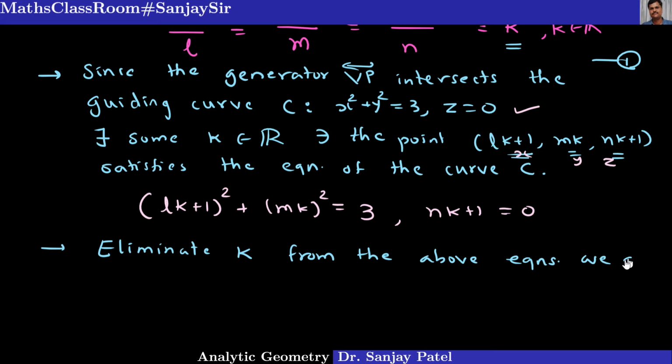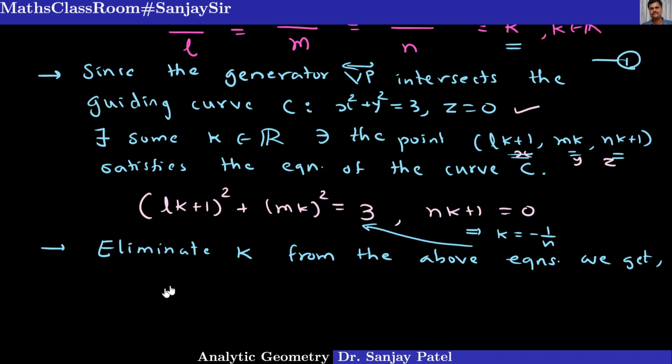We get, see how to eliminate this. I can find from this equation k is equal to minus 1 upon n, and then I can substitute this in this equation.